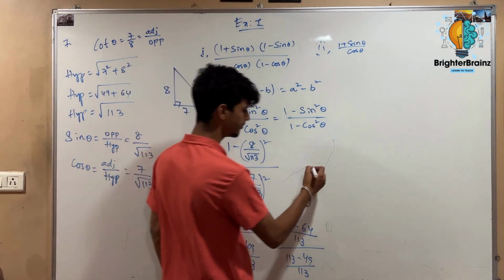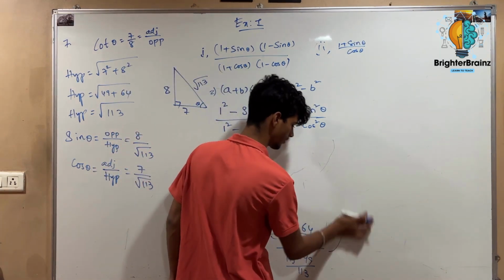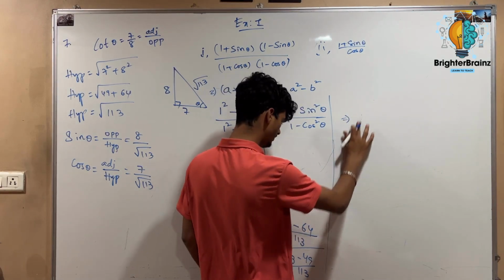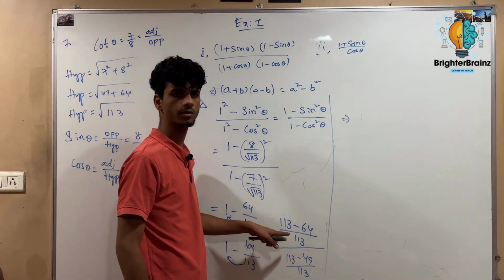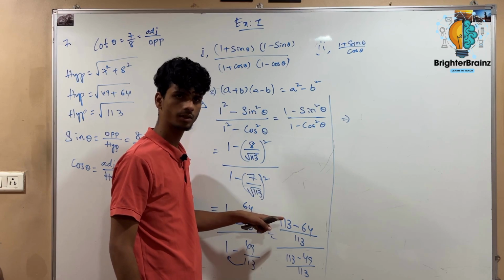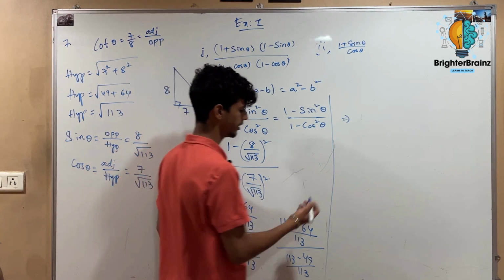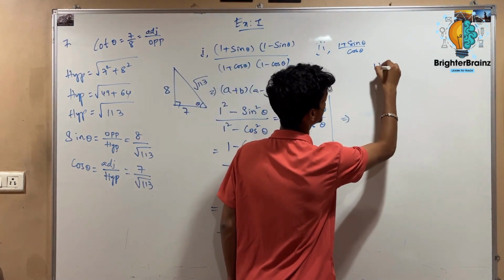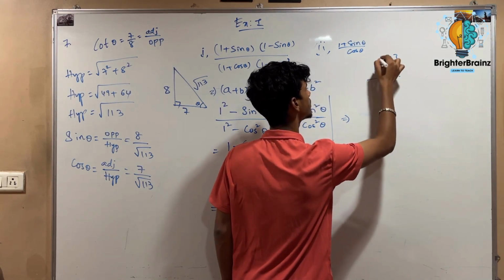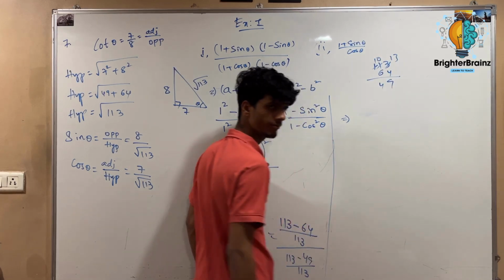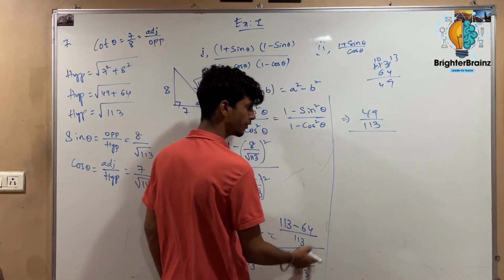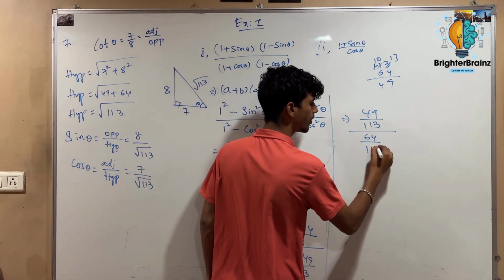Now let us write the continuation part. 113 minus 64 is 49, and then 113 minus 49 is 64. So 49 by 113 whole divided by 64 by 113.